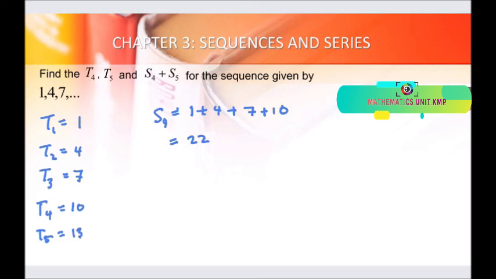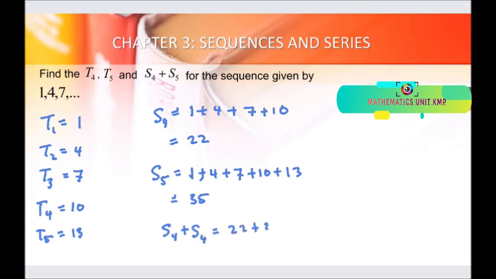Next, the fifth partial sum, S5. 1 plus 4 plus 7 plus 10 and plus 13. So from here we will get 35. From here, S4 plus S5 is equal to 22 plus 35. So we will get 57.